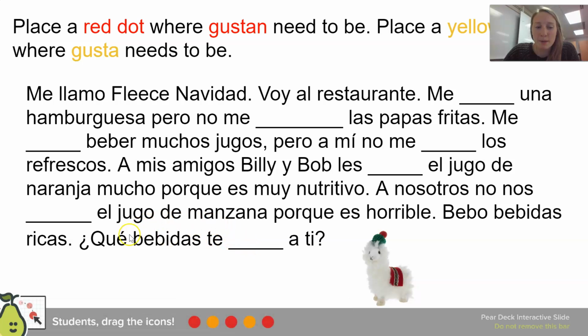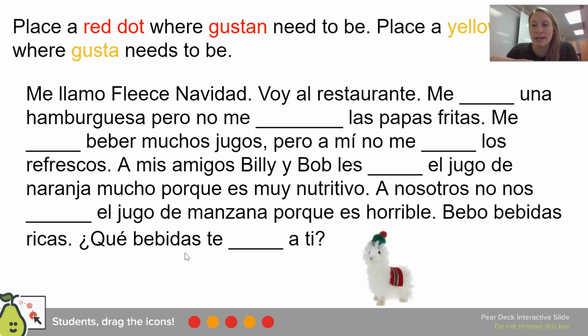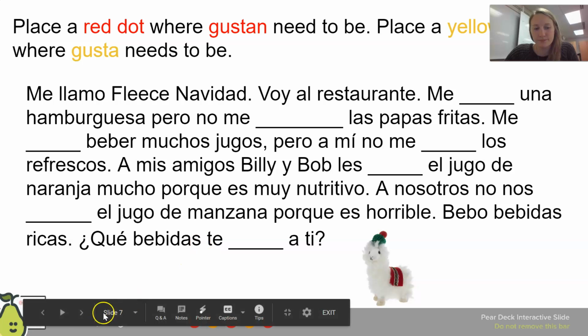So we're asking about a plural noun. So it needs to be ¿Qué bebidas te gustan? ¿Qué bebidas te gustan a ti? If I said ¿Qué bebida te gusta a ti? That'd be correct. ¿Qué bebidas te gustan a ti?